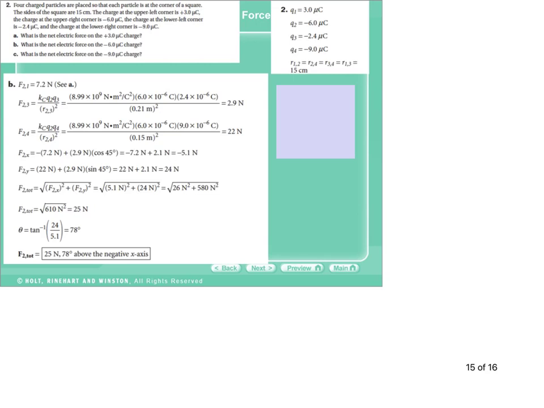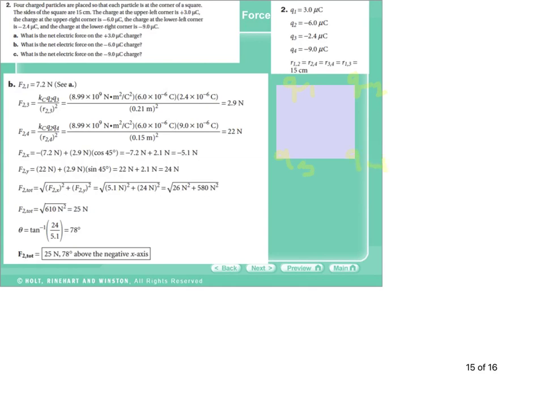Part B, we apply same idea. This time though we're trying to find the force on the 6.0 charge. Relabel this again. This is our Q1, our Q2, our Q3, our Q4.